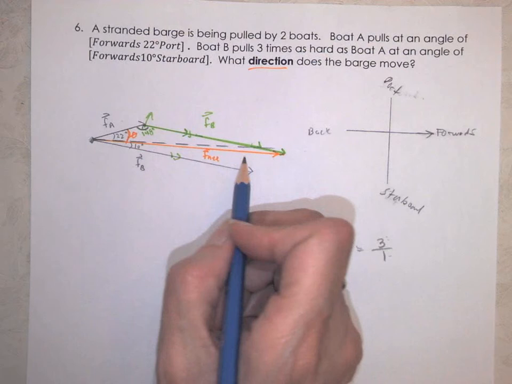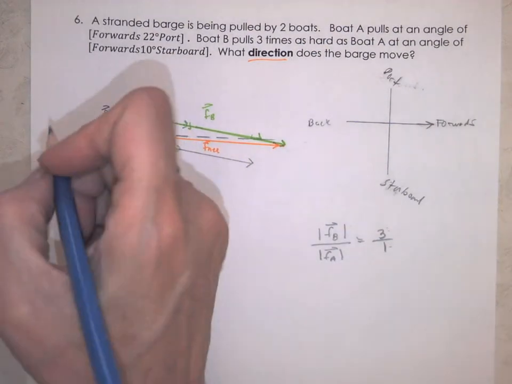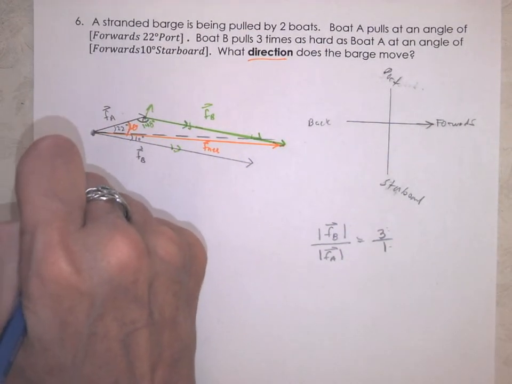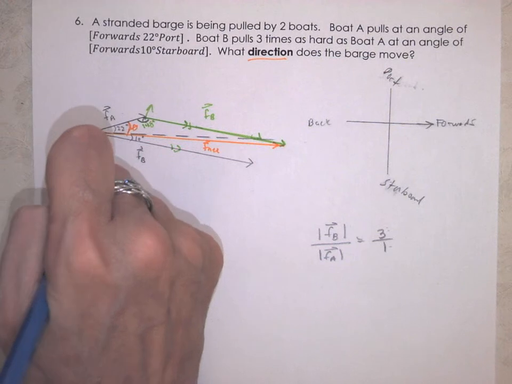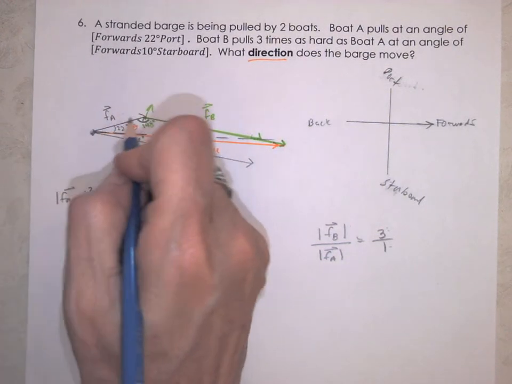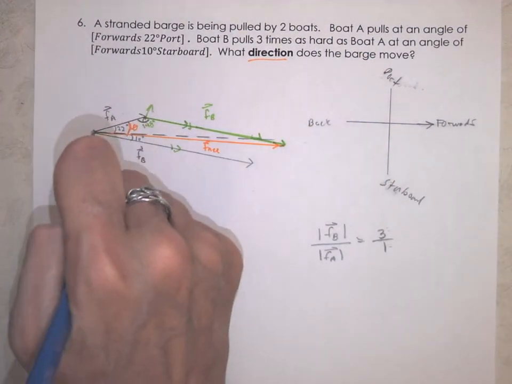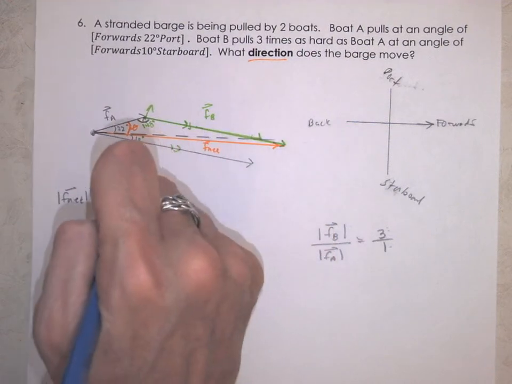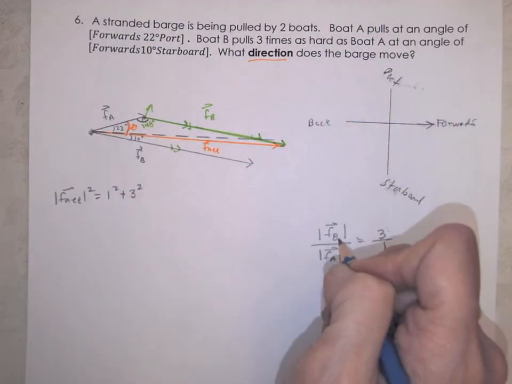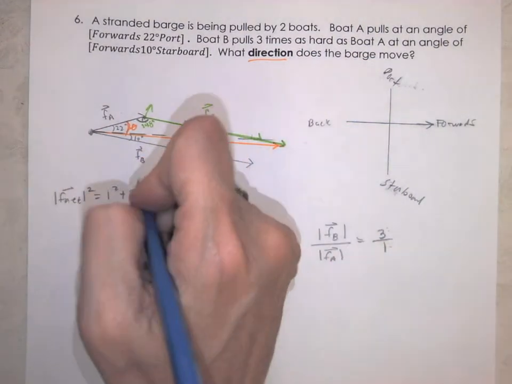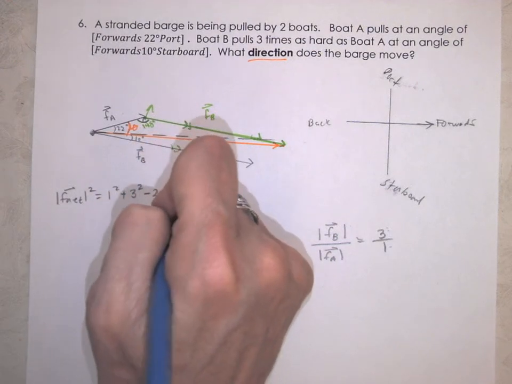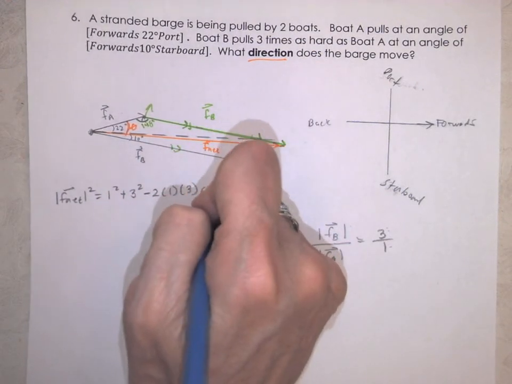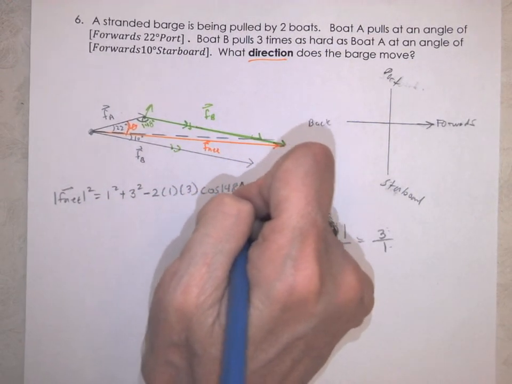Which means we can find the magnitude of the net force first using the cosine law. So the magnitude of the net force squared is going to be the magnitude of F_A, which we can say is 1 squared, plus the magnitude of the force of boat B, 3 squared, minus 2 times 1 times 3 times the cosine of 148 degrees.